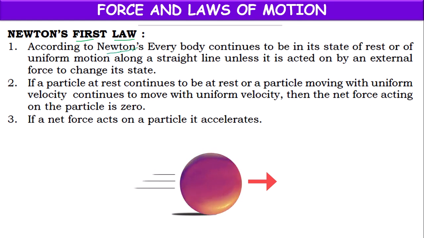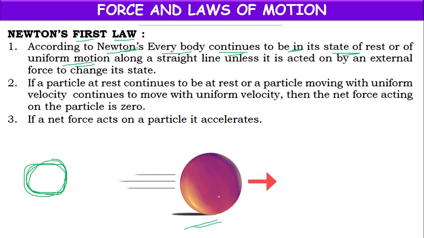According to Newton, every body continues to be in its state of rest. Suppose the ball is at rest, it continues to be at rest, or if it is in uniform motion like this ball, it continues to be in uniform motion along the same straight line unless and until it is acted upon by an external force to change its state.